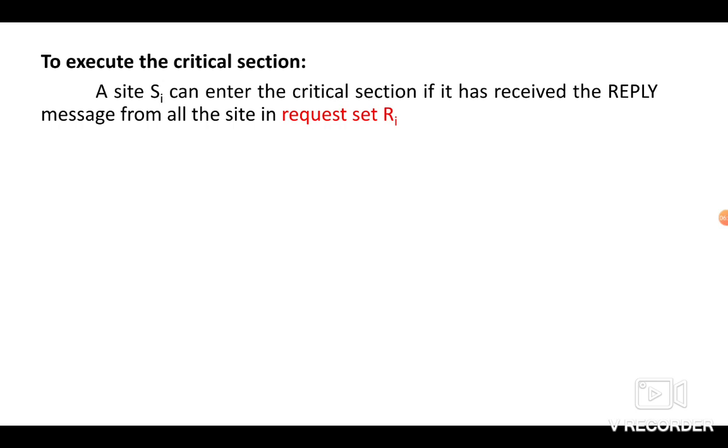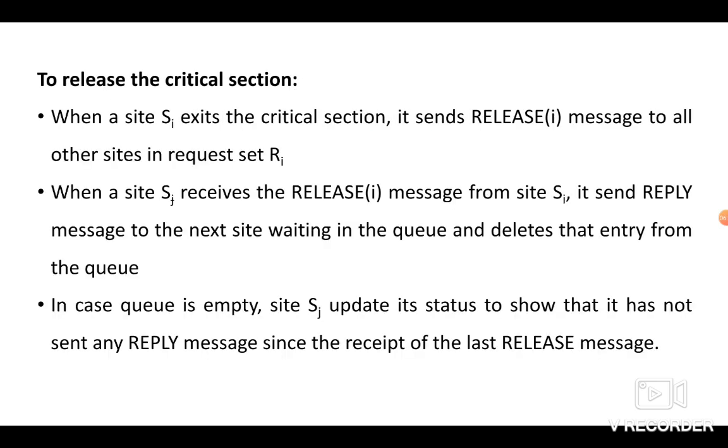It has to wait. To execute the critical section, Si must receive the reply message from all the sites in the request set Ri. After executing the critical section, Si exits the critical section and has to send a release message to all the other sites in the request set. When the other site, let it be Sj, receives the release message from site Si, it checks its queue to see whether any other process is waiting.